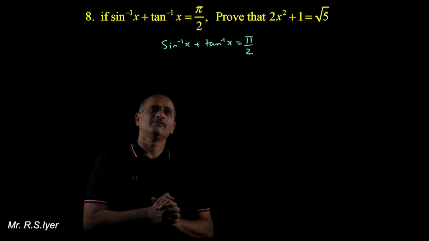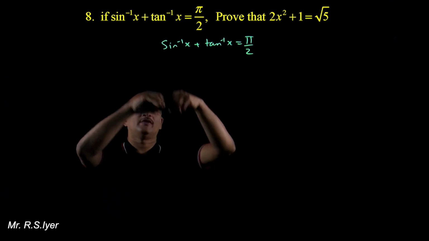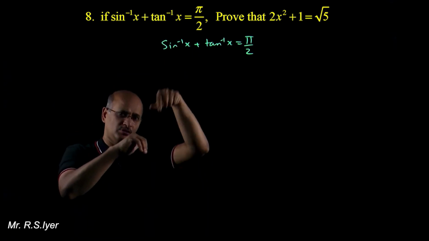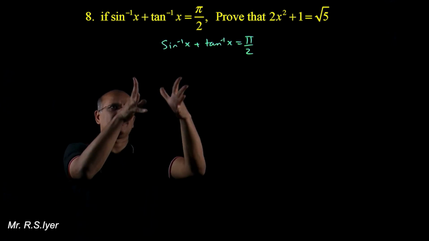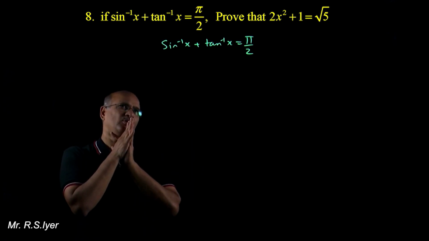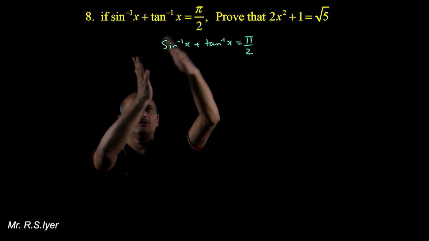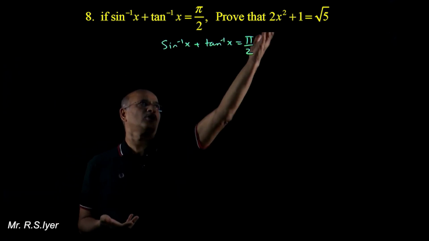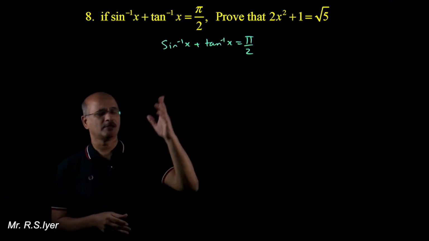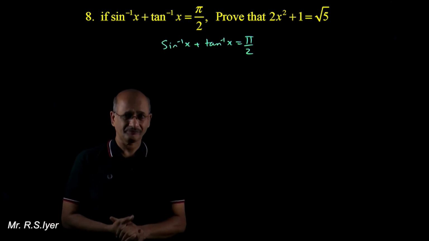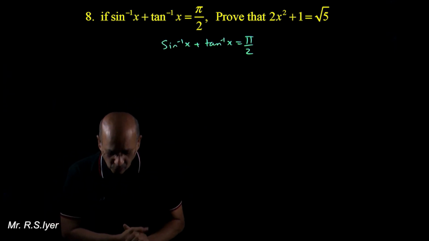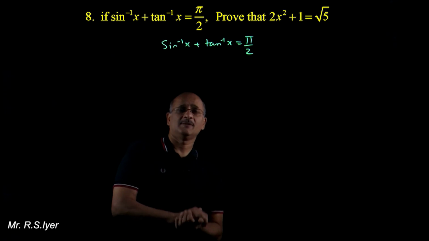The question is whether I should convert into sine inverse or whether I convert this into tan inverse by doing the right angle triangle concept and then apply the formula. But I don't have to prove it is equal to pi by 2. I have to get into its algebraic format, because they are asking to prove that 2x square plus 1 is equal to root of 5. Root of 5, I think so. Root of 5, yeah. So let us see this part, how we go about it.